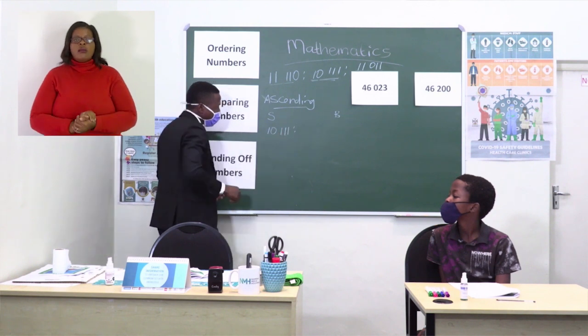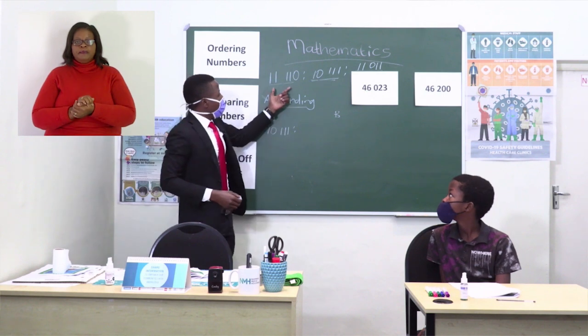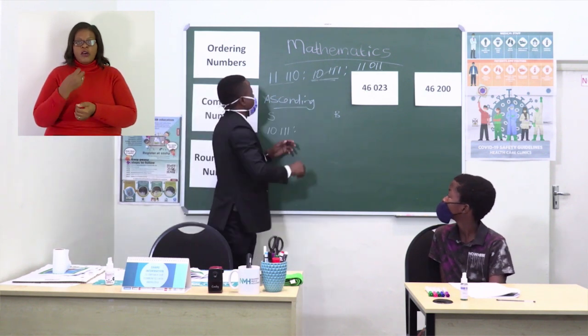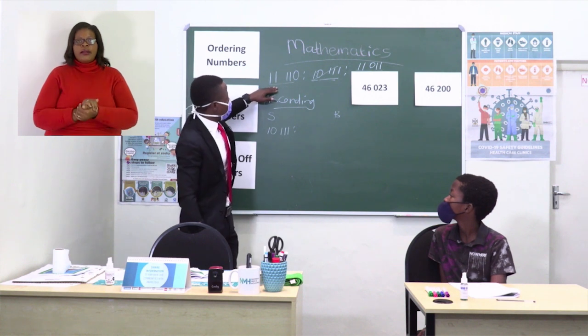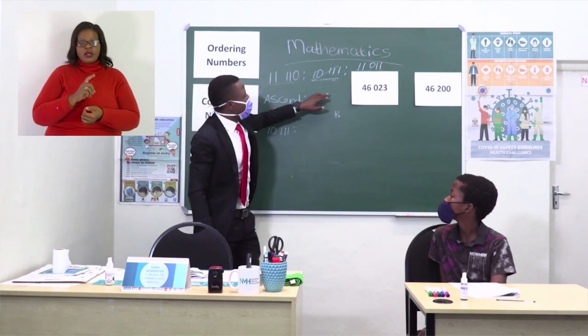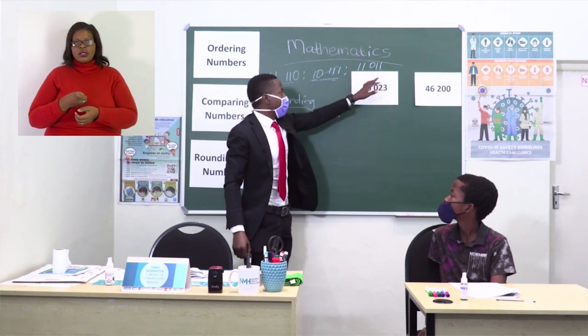10,111. The next one, we have 2 numbers. This one is gone. We have 2 numbers that we have to compare also. We have 11,110. We have 11,011.